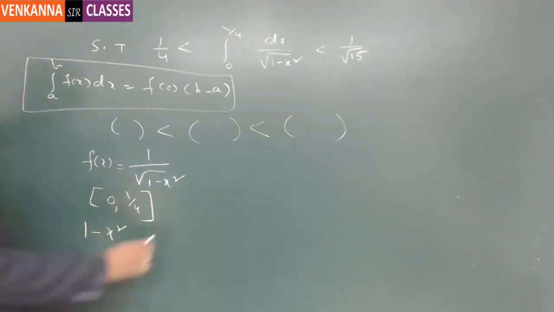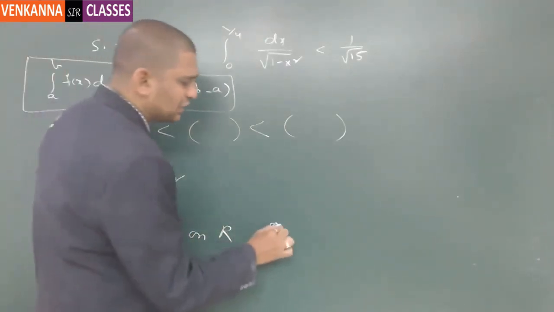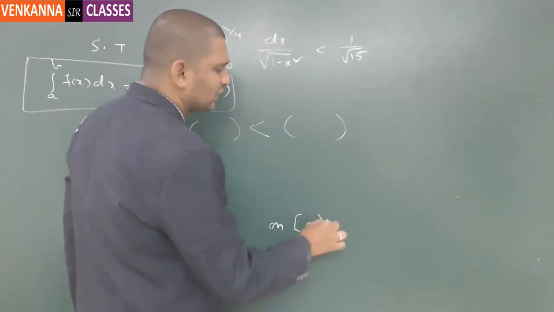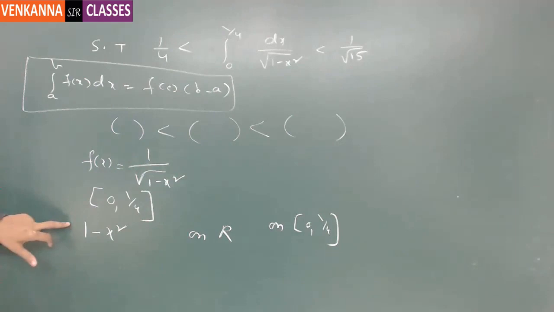It is continuous on the real numbers R. Hence it is continuous on the closed interval 0 comma 1 by 4. Because 1 minus x square is a polynomial, it is always continuous, because it won't go undefined at any real number. Accepted? Yes or no?